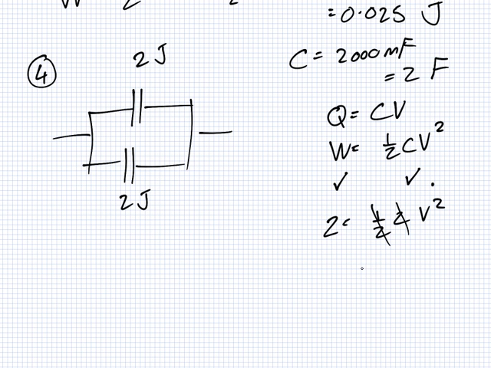Yeah. Wait, capacitance in parallel is 4. Oh yeah, but I'm just looking at one of them first. So for one of them it's 1 volt, and for the other one, sorry, root 2 volt, root 2 volt. If you combine these together, if they're in parallel, what's the capacitance here?